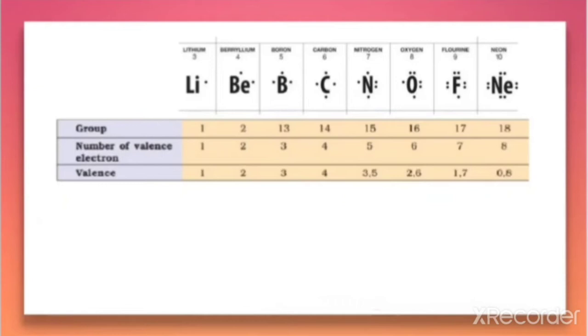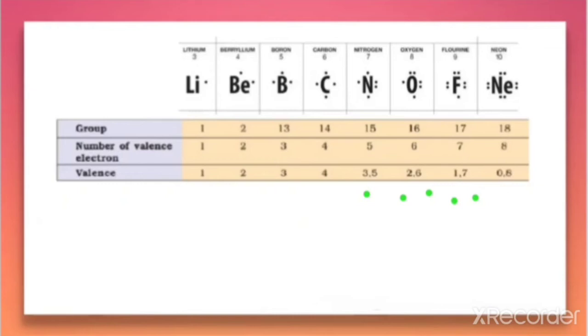That means the valence increases from 1 to 4, then decreases from 4 to 0. Because the elements can show multiple valences, nitrogen can show the valence 3 and also 5. Oxygen can show 2 and 6. Fluorine can show 1 and 7.